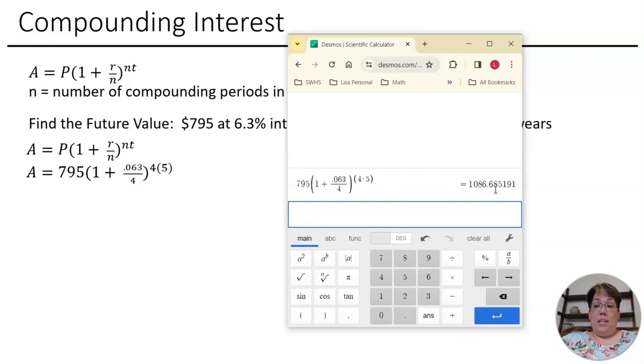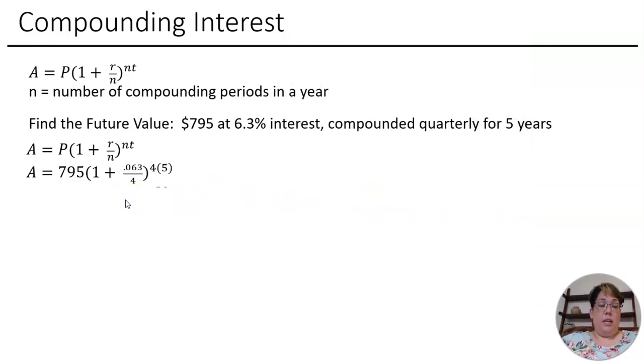Now, if we need to take this in smaller steps, let's see what that looks like. That was all in one step on Desmos, right? But if we need to take it in smaller steps, we can. Doing just the inside here, we would get 1.01575, and then I did 4 times 5, which is 20.